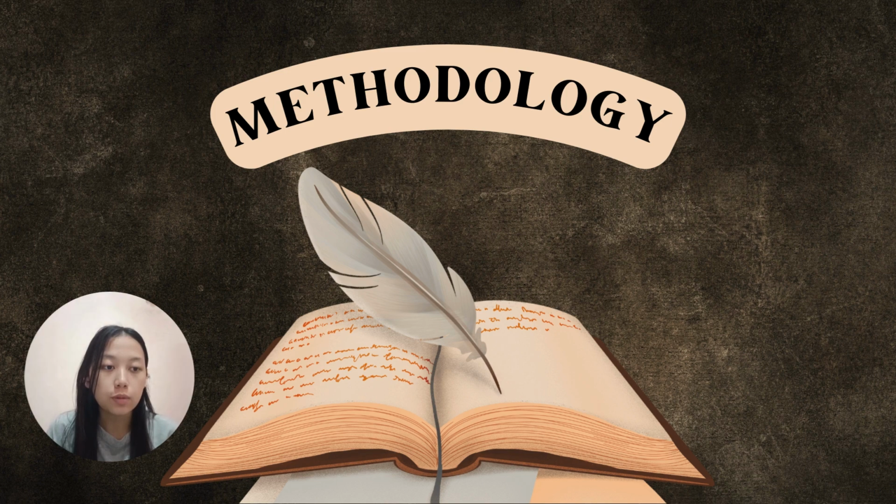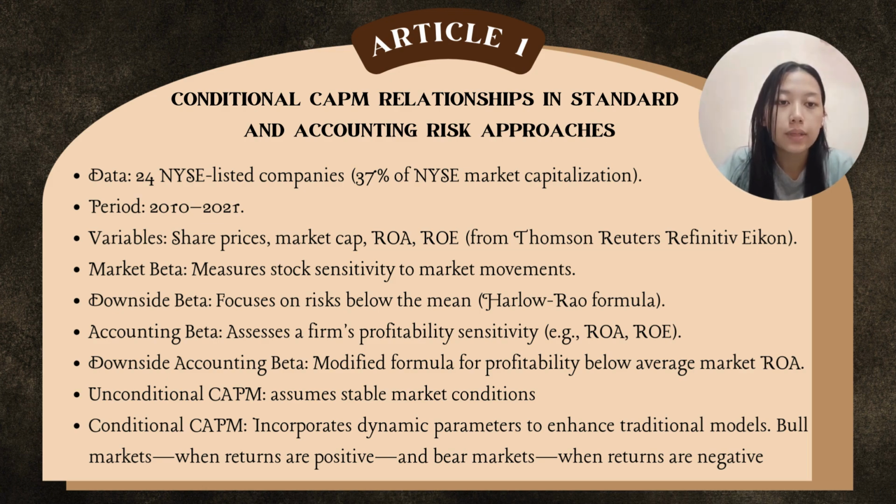Both articles explore the CAPM and its downside variations, but they approach the analysis differently based on their objectives and the markets they study. Article 1 examines companies listed on the New York Stock Exchange, including firms in the Dow Jones Industrial Average, over the period from 2010 to 2021.